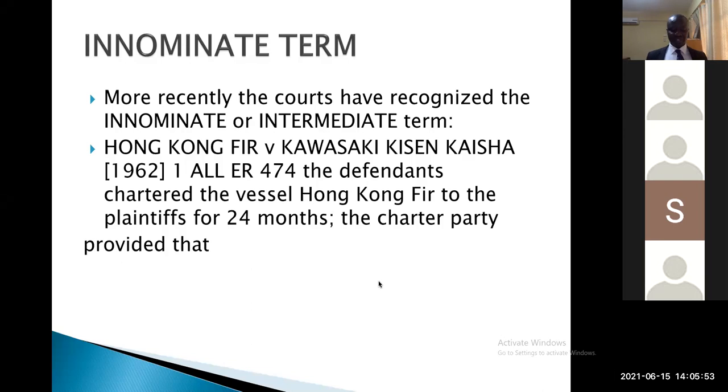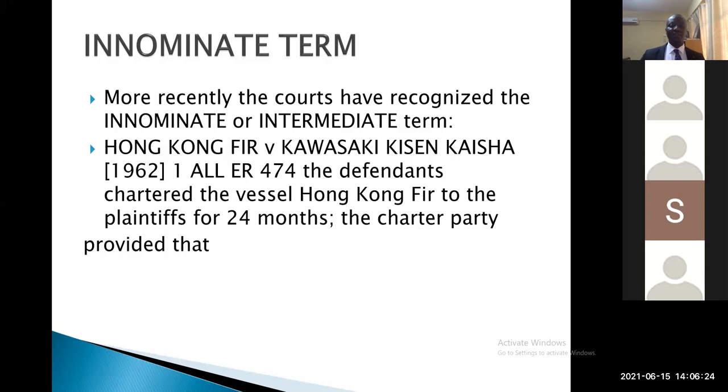Now, there was a term in the contract or the charter party that the ship which the plaintiffs were supposed to provide to the defendants was in every way fitted for ordinary cargo service.